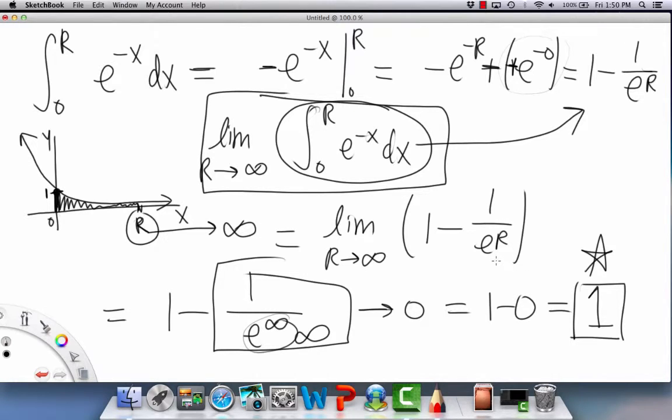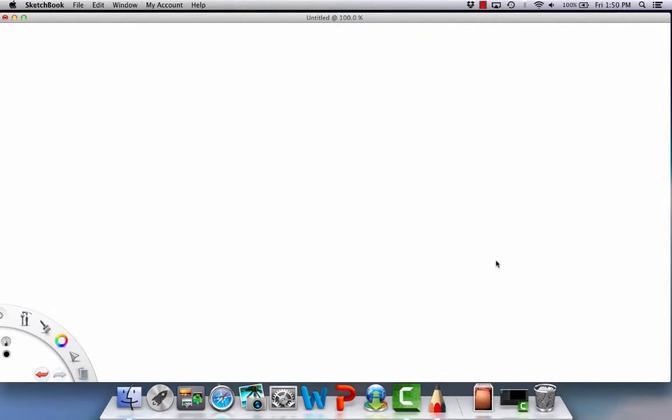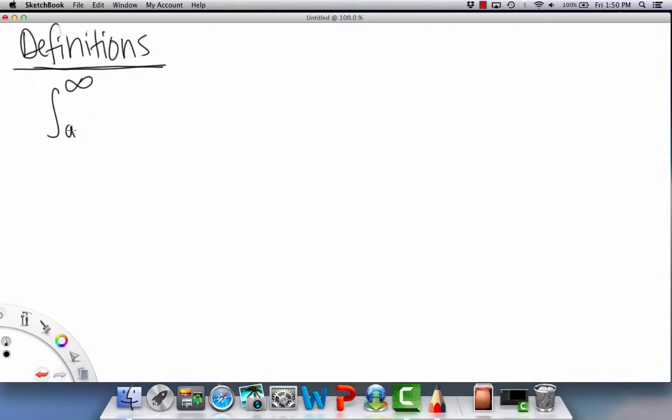Okay, so now I'm going to give you a couple of definitions, and these are in your book. I just want to highlight them so you're exposed to them and more familiar with them. Our first one is from a to infinity. Like in the previous example, my a was 0, but this could be some fixed number.